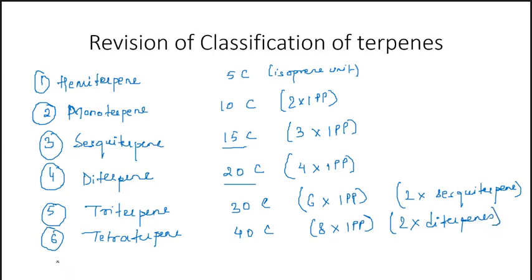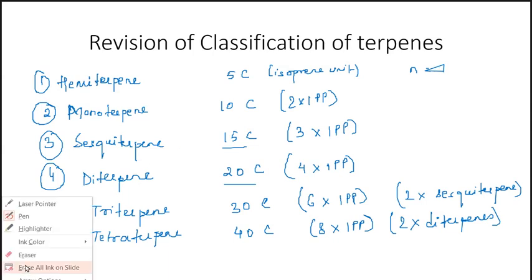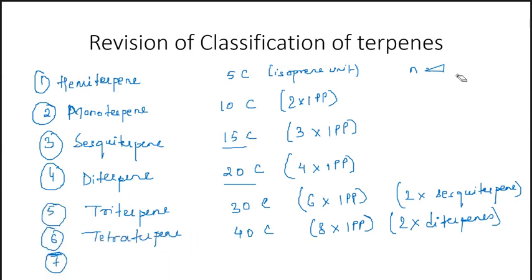Next, if I say N is equal to IPP, then this is 8 into N, 6 into N, 4 into N. The last is polyterpenes or polyterpenoids.